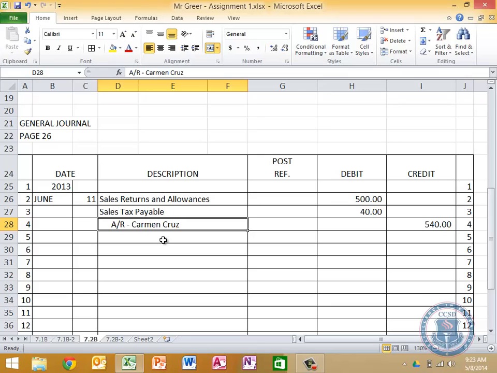All right, so the last thing we need to do is put a description down. I'll go down one line and say we accepted a return of damaged chair, credit memo 215.